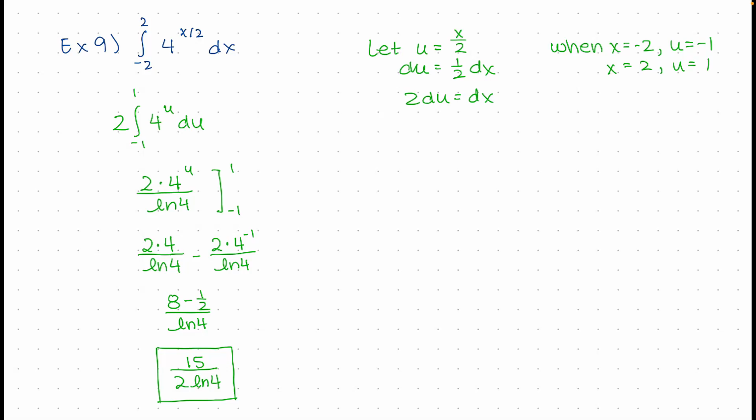Same thing applies when your base is not e. If you have a base to a power and you don't know what else to do, let u equal that power and see where you go. But the other thing to remember, this is a definite integral, so you have to change your limits of integration as well.